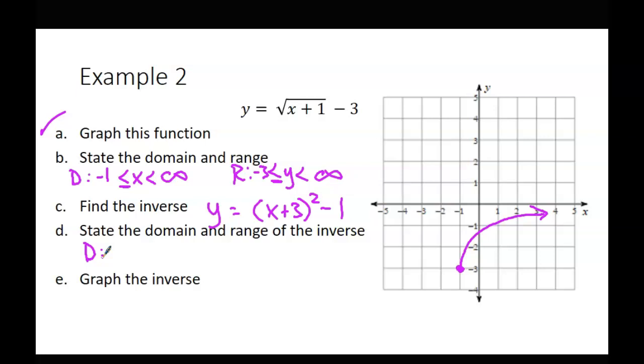Because since this function is an inverse of this function, then we know something, right? What would the domain of this function be? -3 to infinity, right? Because it has to be the range of the other one. And the range of this function would have to be the domain of the other one, so -1 to infinity.